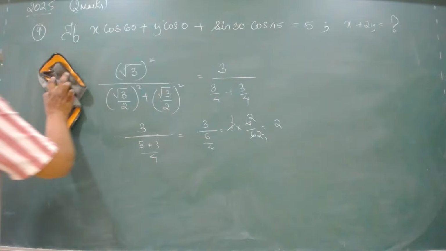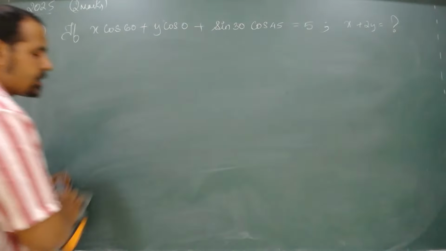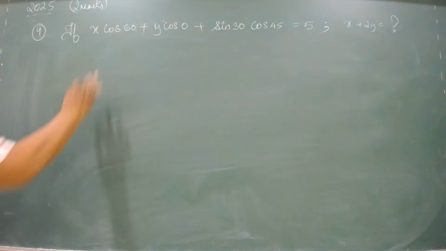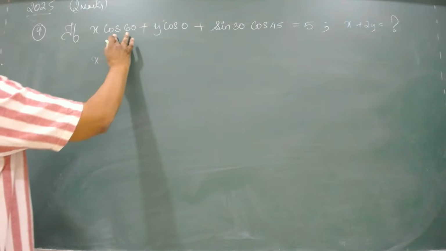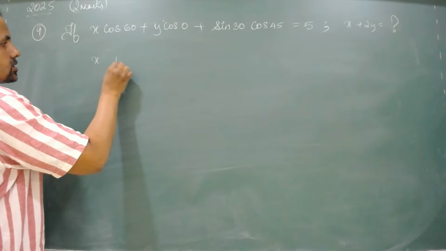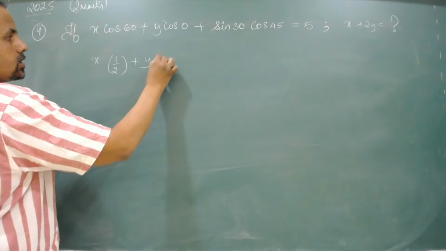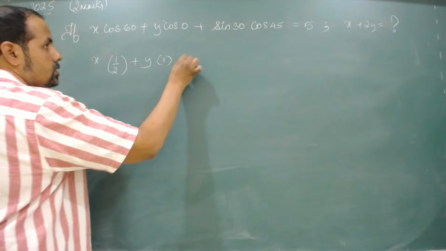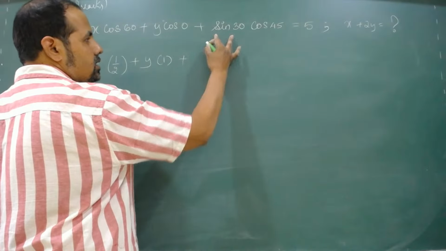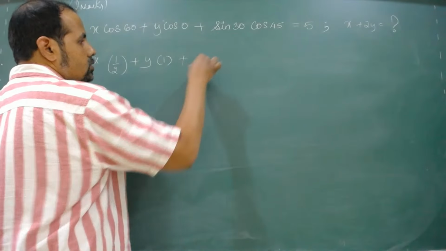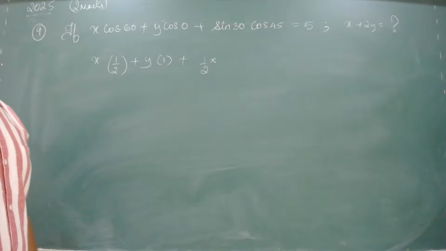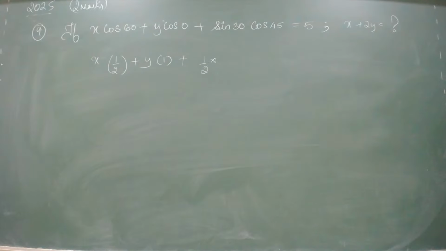Now a direct substitution of specific angles. Let me get started. x cos 60 is 1 by 2, cos 0 is 1, sin 30 is 1 by 2.